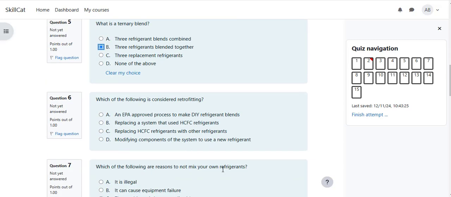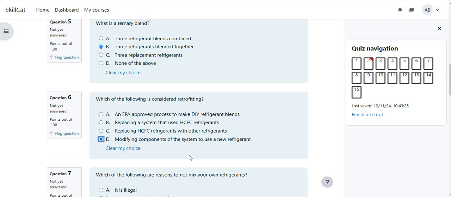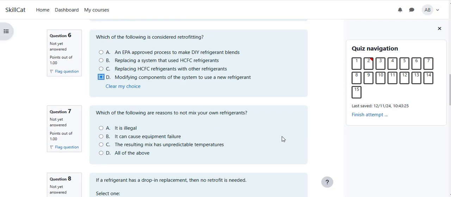Which of the following is considered retrofitting? An EPA-approved process to make DIY refrigerant blends, replacing systems that used HCFC refrigerant, replacing HCFC refrigerant with another refrigerant, or modifying components of the system to use a new refrigerant. Yeah, modifying the components of the system to use a new refrigerant.